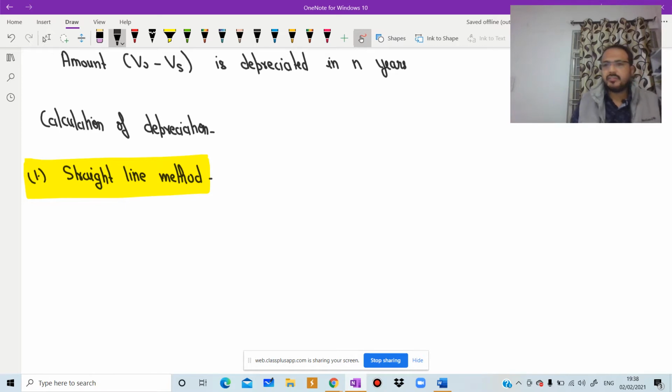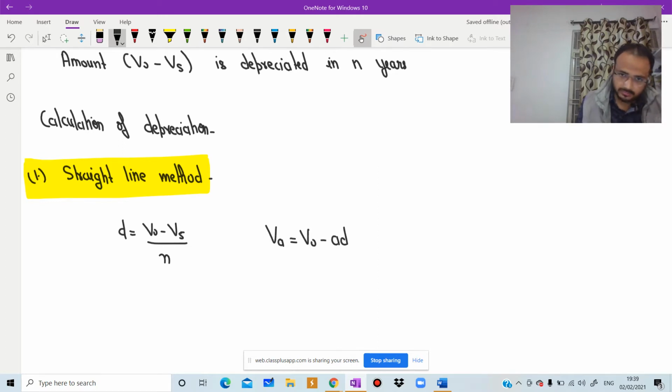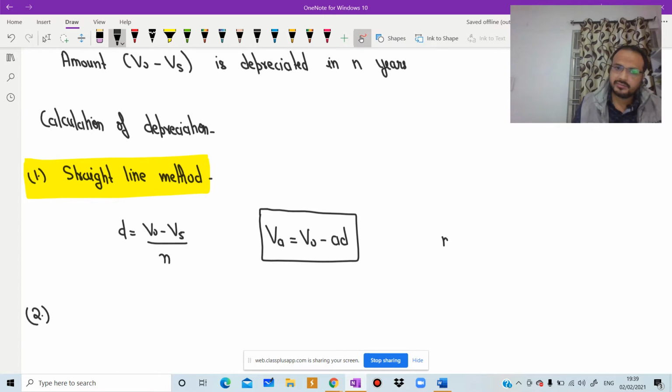In the straight line method, we assume that every year's depreciation will be the same, and D is equal to V naught minus Vs divided by N, and Va is equal to V naught minus aD. In GATE 2016 or 17, they asked a direct 1 mark question based on this formula. N is service life.